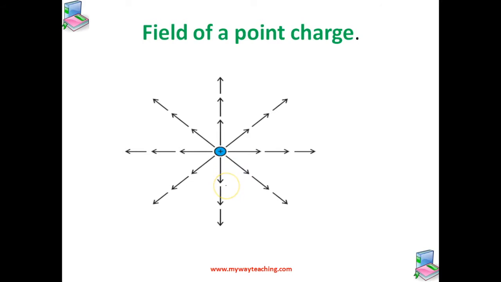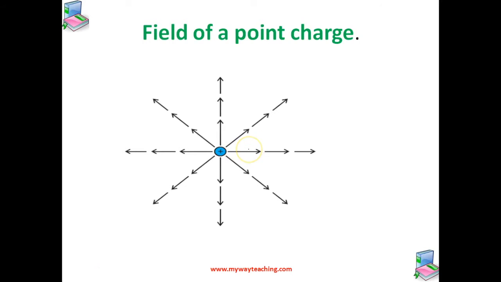And the magnitude of the field is represented by the density of field lines. Okay, the more the field lines, the stronger will be the electric field. E is stronger near the charge.